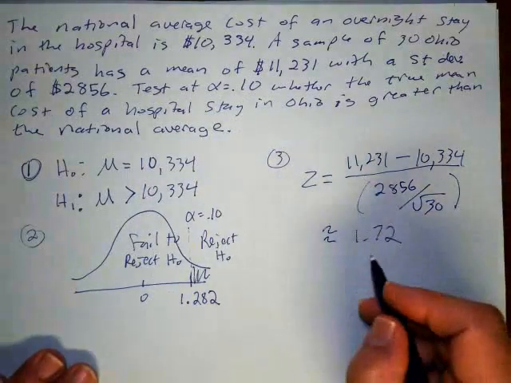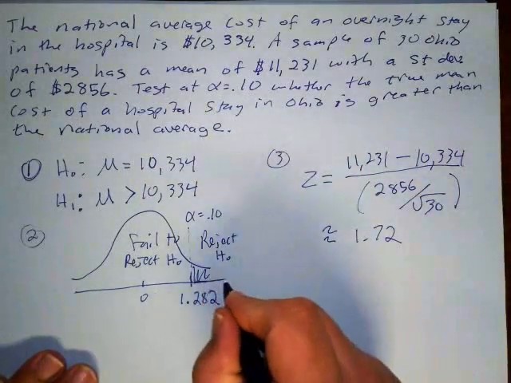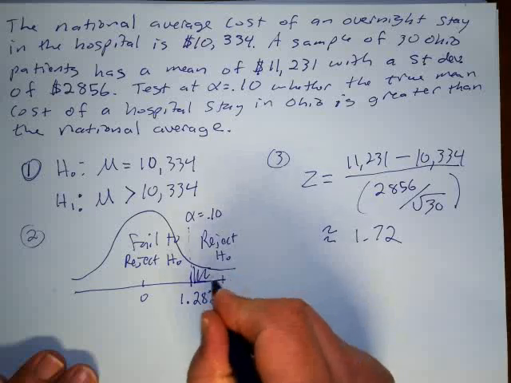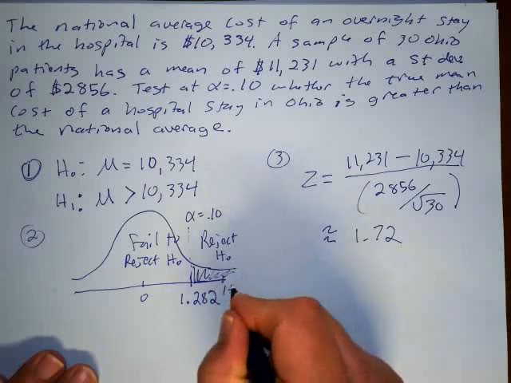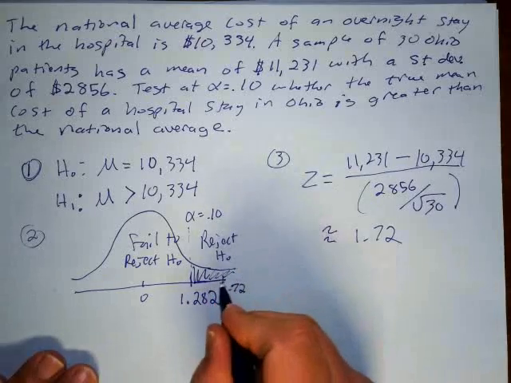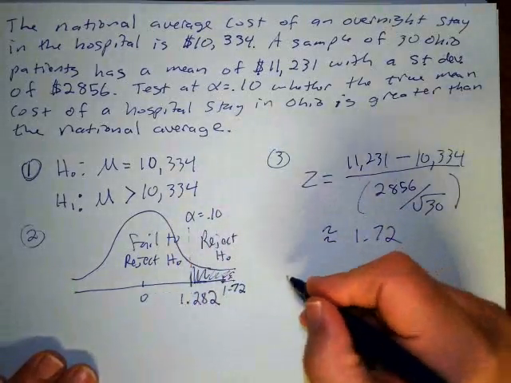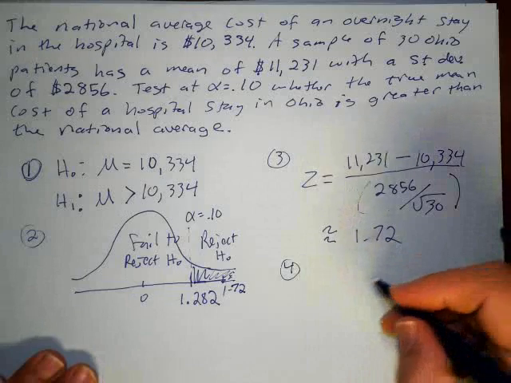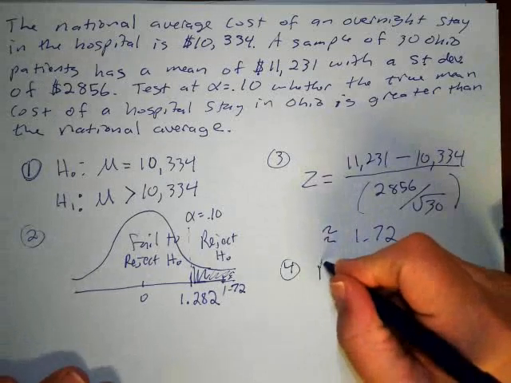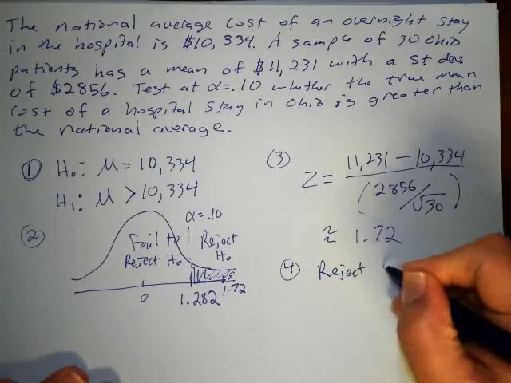In this case, 1.72 lies in the rejection region. At this significance level, I have enough evidence to reject H0. So my decision will be reject H0.